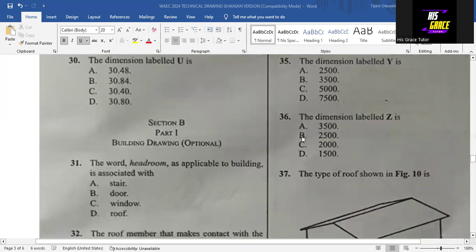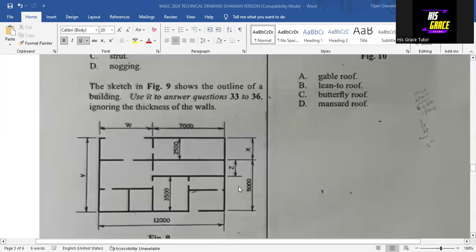Then question 36 says that the dimension labeled Z is, so the distance from here to here is what we want to get. If we look at what we have here, the distance from here to here is 5,000. Then the distance from here to here is 3,500. So we subtract 3,500 from 5,000, and that will give us 1,500.